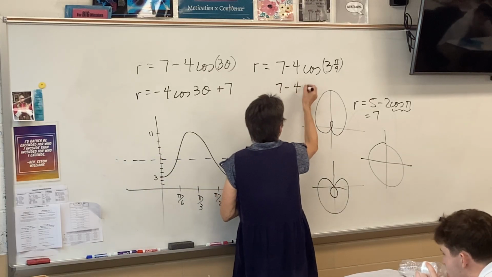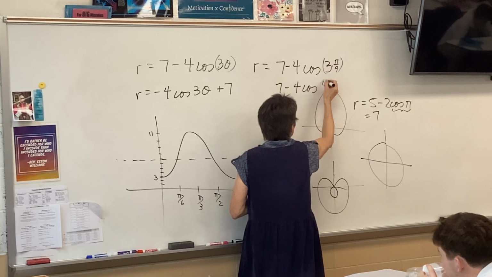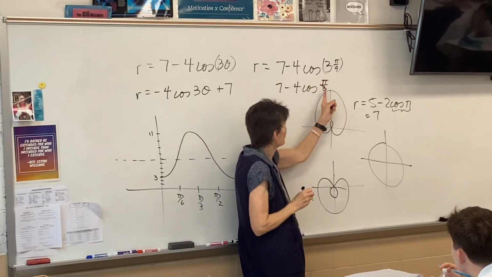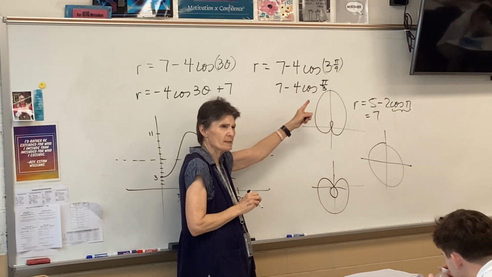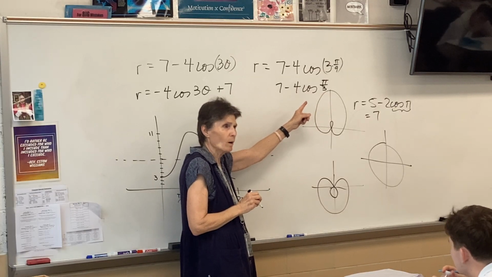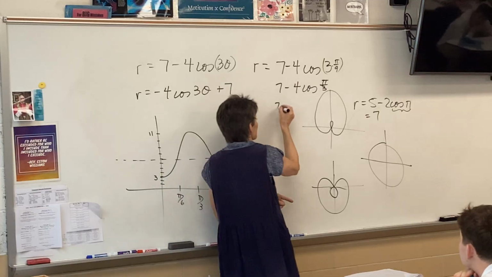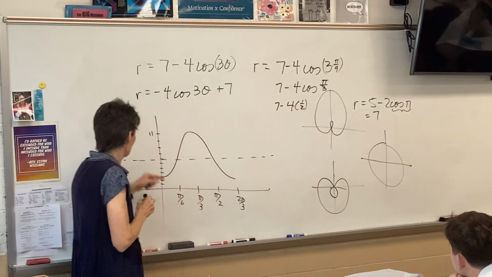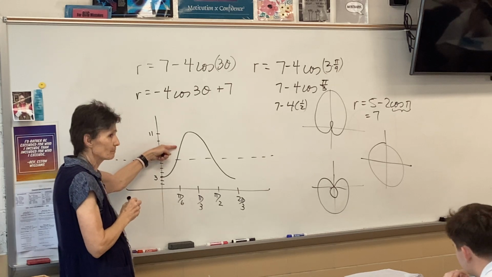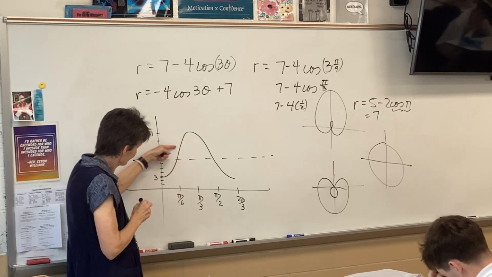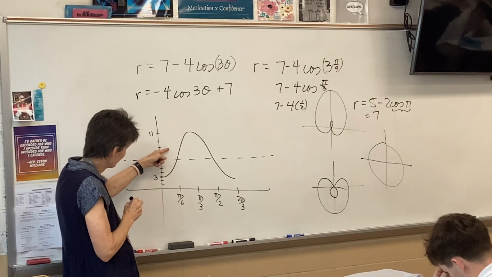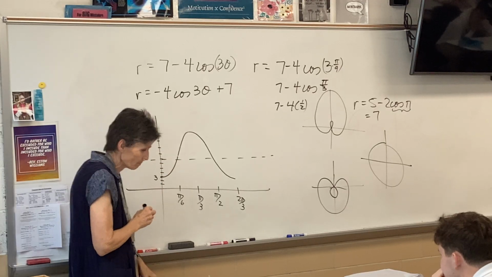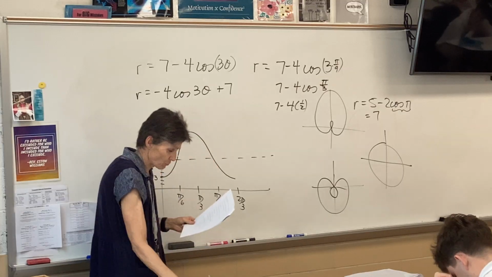Well, what's the cosine of 3 times pi over 9, which is pi over 3? The cosine of pi over 3 is 1/2. 7 minus 4 times 1/2 is indeed 5. Pi over 9 would be like in here. So there's 5 right there. That's true.